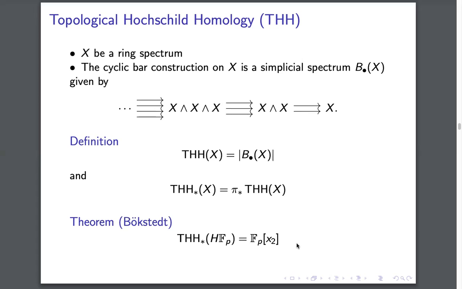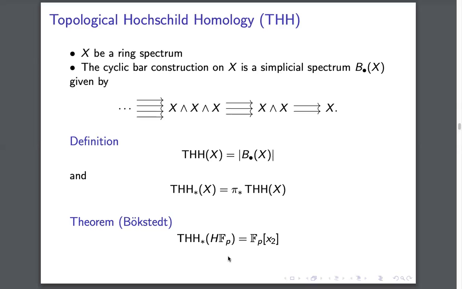So Böckstedt does this computation, and this is a very important computation because if you look at the definition of THH, you're smashing spectra, and the smash product of spectra always depends on the stable homotopy groups of spheres. So a priori, this result depends on the stable homotopy groups of spheres, and one may expect this to be extremely complicated.